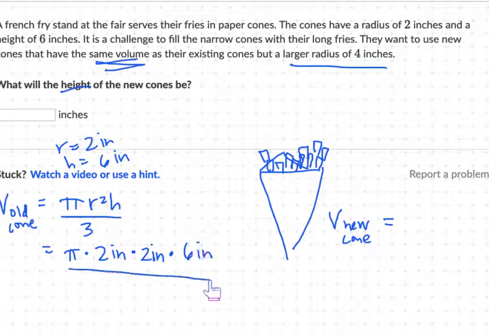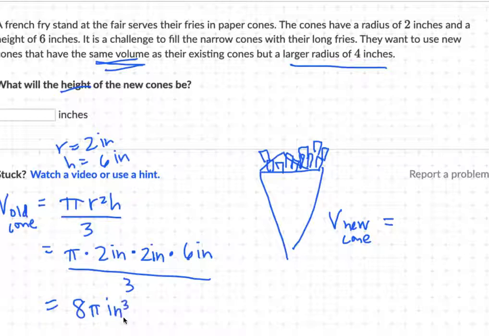And then at the end I'm going to divide that by 3. When I do that in my calculator, 2 times 2 times 6 divided by 3, I should get 8, and then I still have the pi, 8 pi inches cubed.